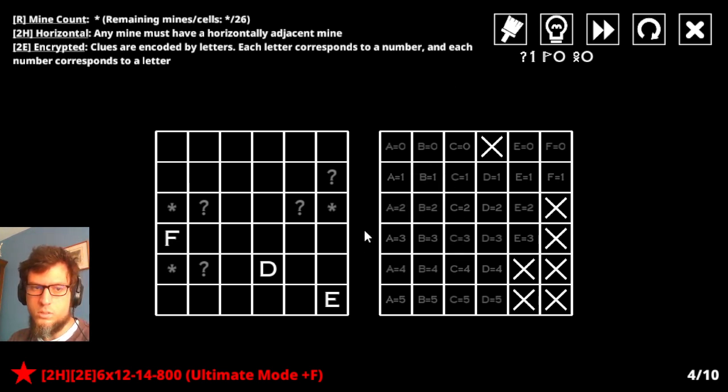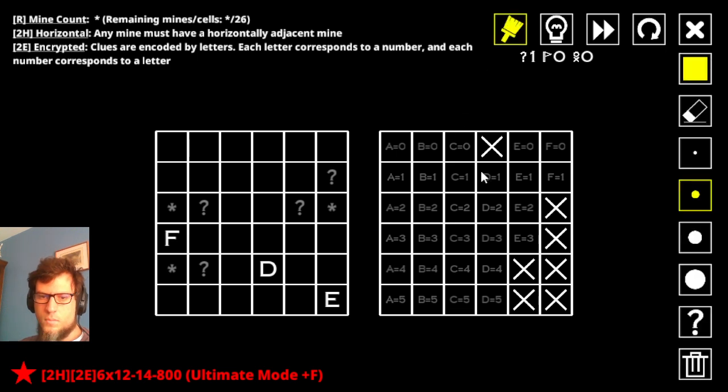What is going on here? What is the safe spot? Well, cases maybe?